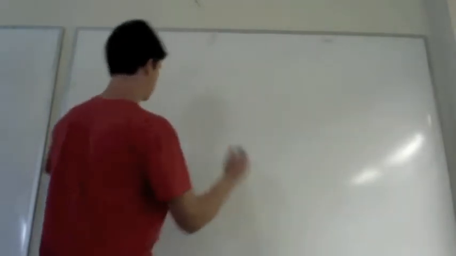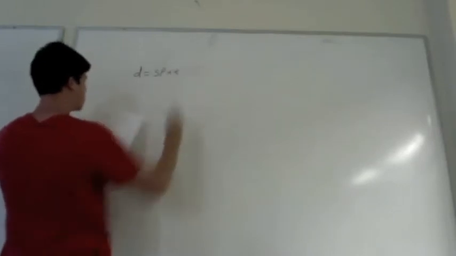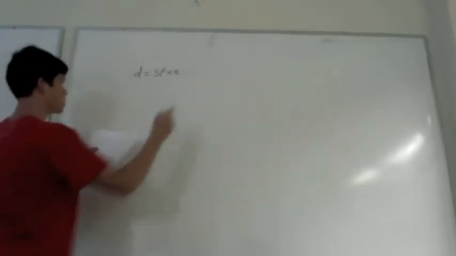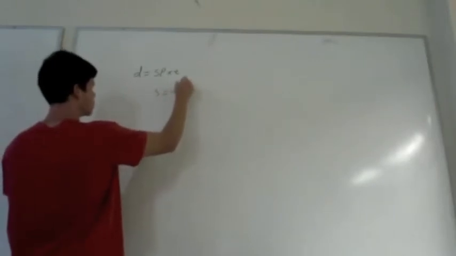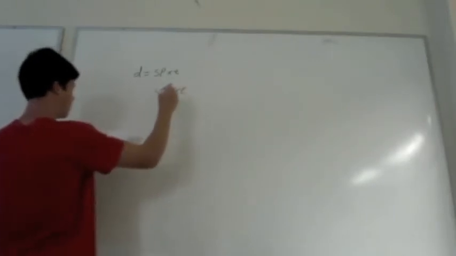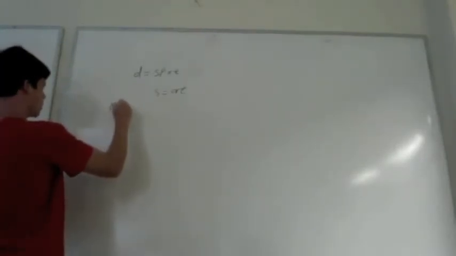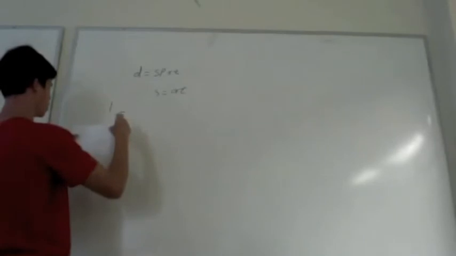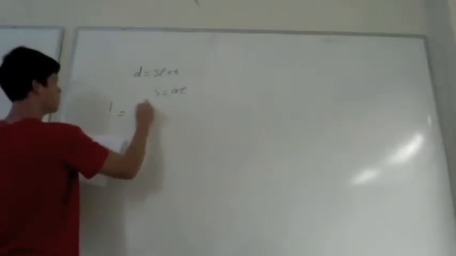So we'll use the formula d equals distance equals speed times time, and we'll use speed equaling acceleration times time. And so the distance he jumps on Krypton is 1 meter, and we're using the average speed, which is 1/2 the original velocity when he leaves the ground.